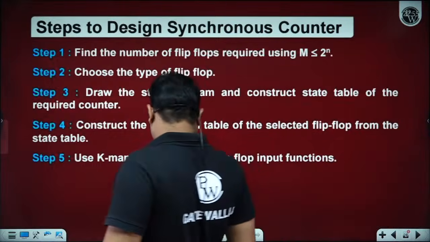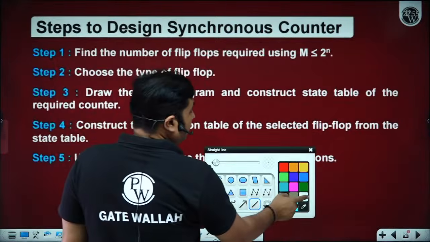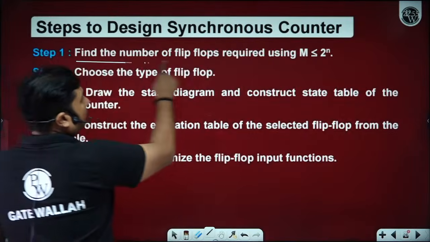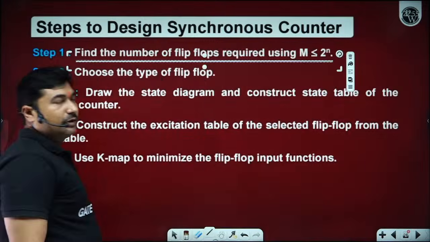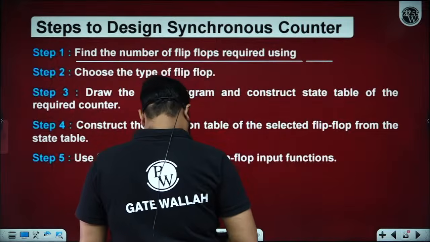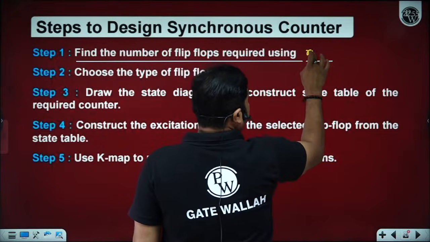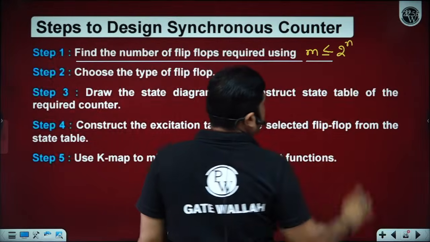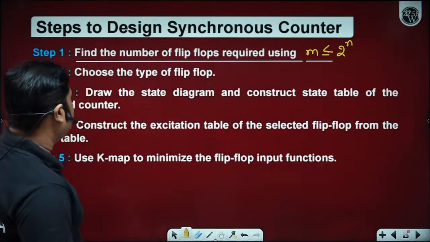How to design? Let me discuss the steps so that you can write. By tomorrow we will see the steps in detail as well. First, find the number of flip-flops required by the equation m less than or equal to 2 to the power n, where m is the number of states and n is the number of flip-flops.